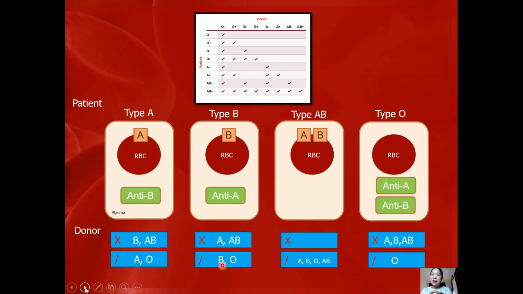Remember, the O blood type has no antigen. So even if you transfuse it, it will not be lysed. For the blood type AB, it does not have a naturally occurring antibody in its plasma. That's why you call this the universal recipient. Okay? So that's it. You have to know that.